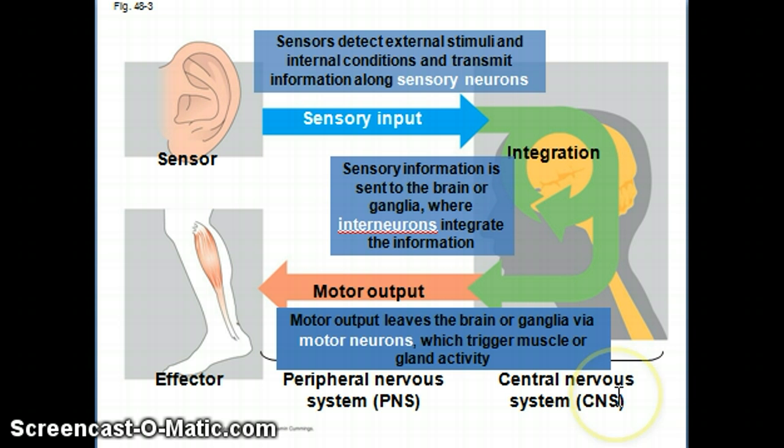So as a review, what are the central nervous system and peripheral nervous system? Essentially, a central nervous system, as I'm sure you know, consists of the brain and the spinal cord. So this is our central processing. And the peripheral nervous system is everything outside of that. So everything outside of the central nervous system.